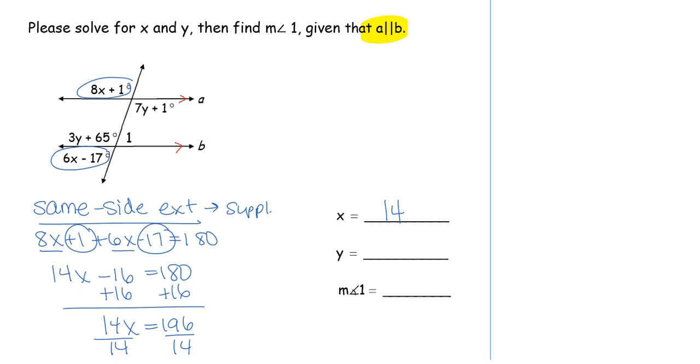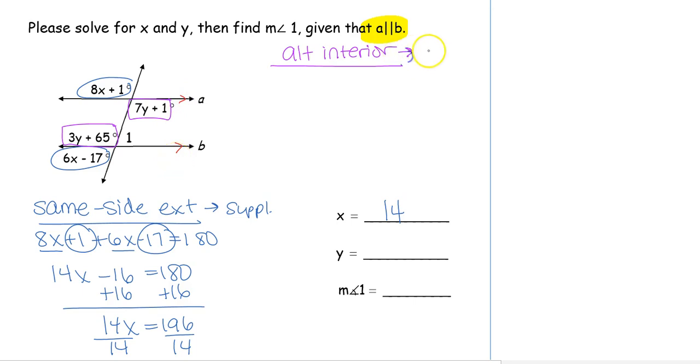Now let's look at the y's. I have 7y plus 1, 3y plus 65. These two angles are alternate interior angles. Again, because my two lines are parallel, alternate interior angles are going to be congruent to each other. If they're congruent to each other, they have the same measure.